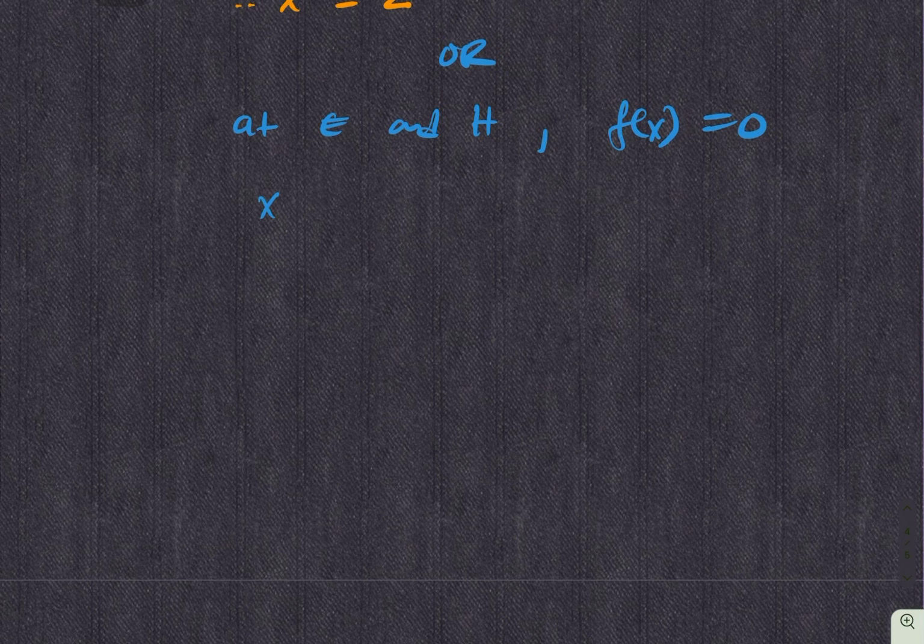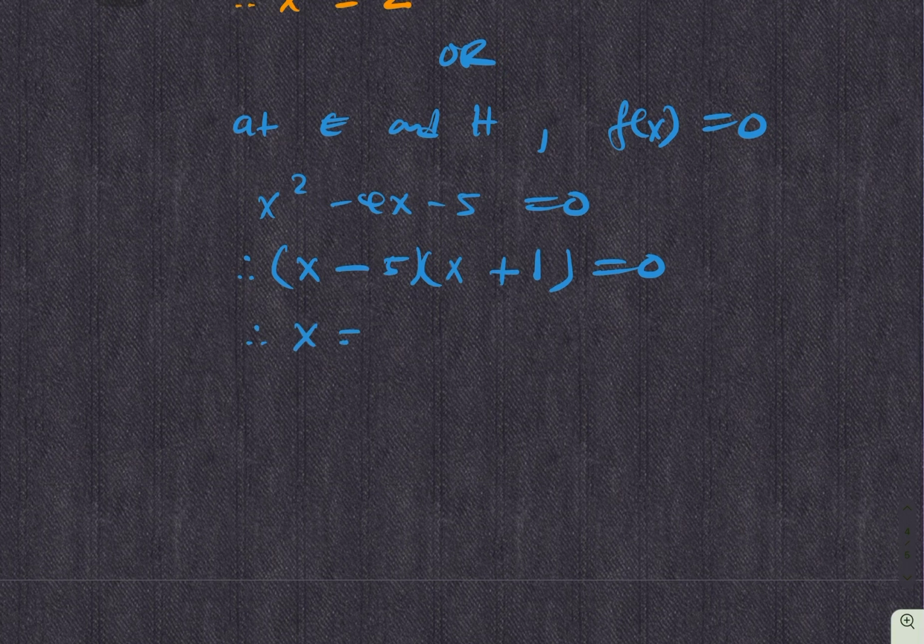We are going to get x squared minus 4x minus 5 is equal to 0. Therefore, let's quickly get those coordinates: x minus 5 and x plus 1. Therefore, x equals 5 or x equals negative 1.